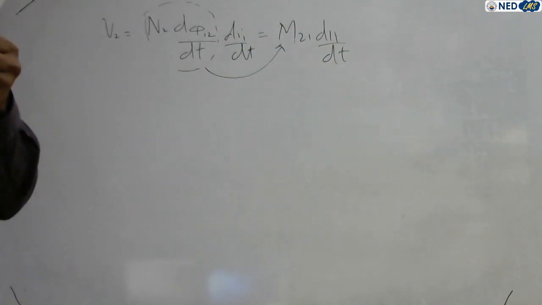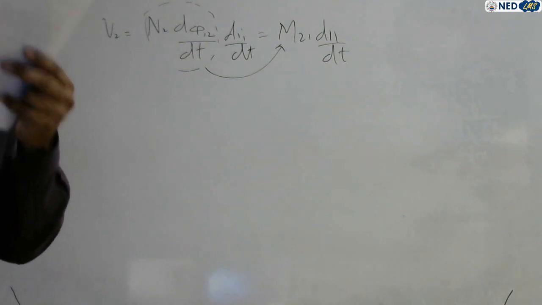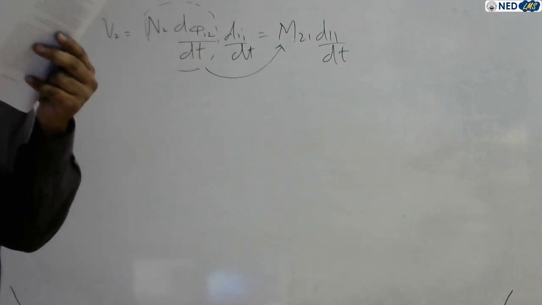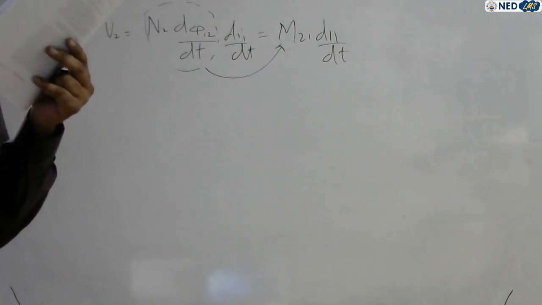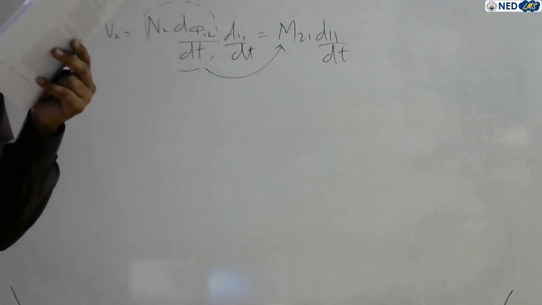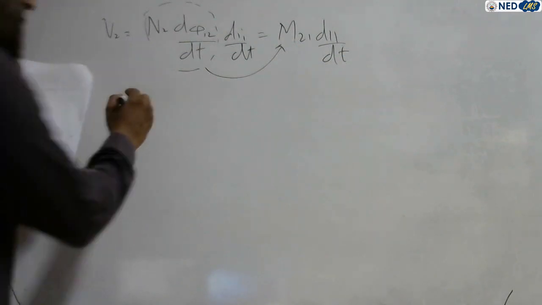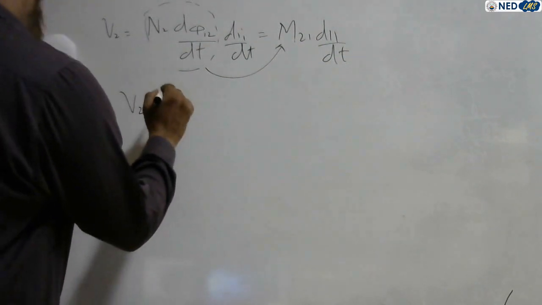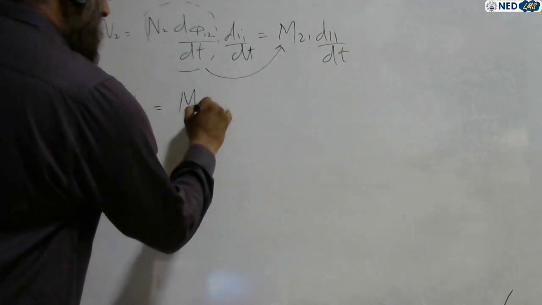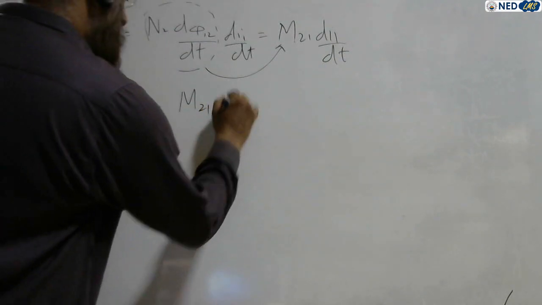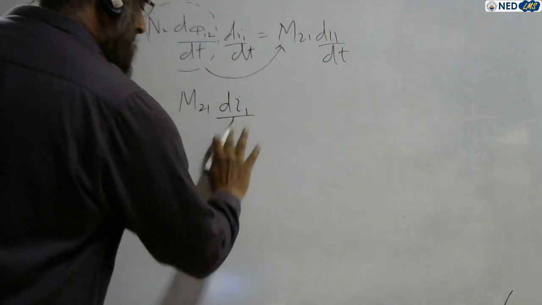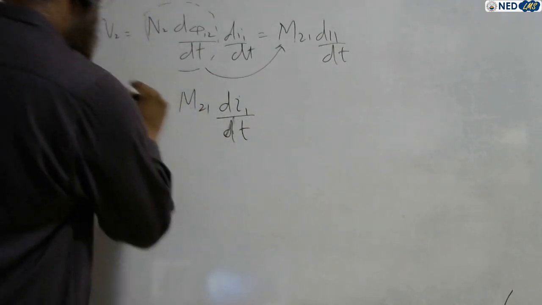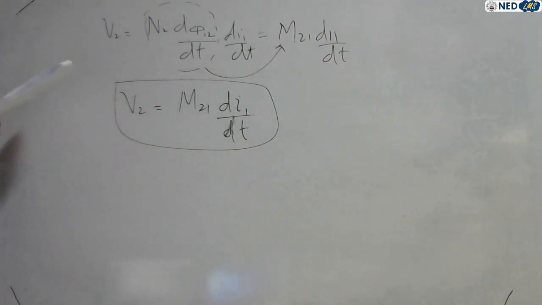Subscript 21 indicates that inductance M21 relates the voltage induced in the coil 2 to the current in coil 1. Thus, the open circuit mutual voltage or induced voltage across coil 2, that is V2, equals mutual inductance M21 times the change in current in coil 1, right? The voltage induced in this.